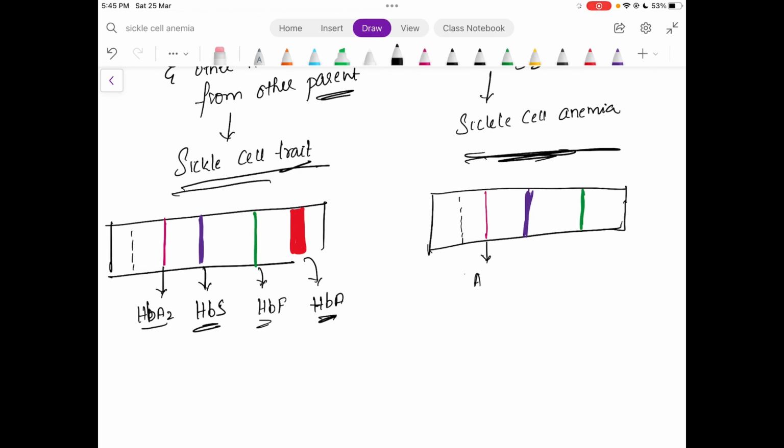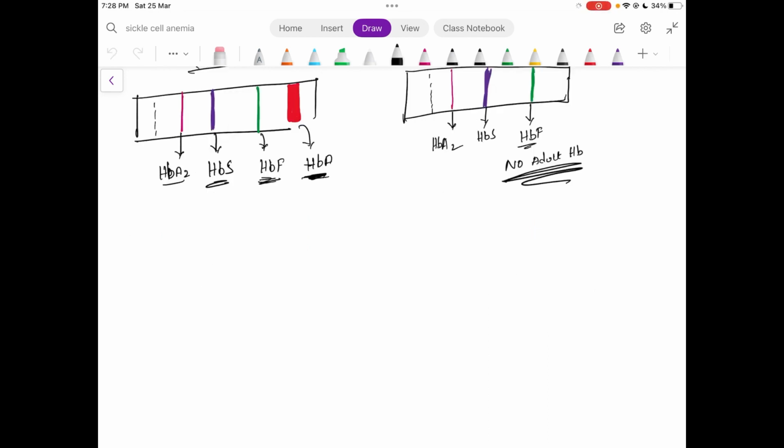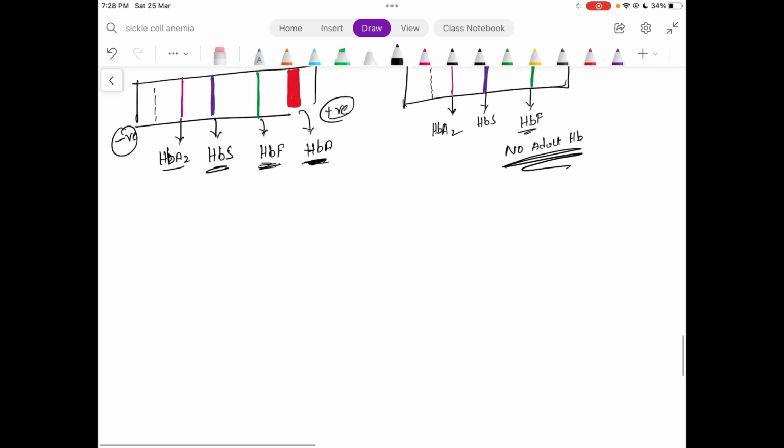This is HbA2, this is HbS, this is HbF. There is no adult hemoglobin. In electrophoresis, we have a negative end and a positive end.